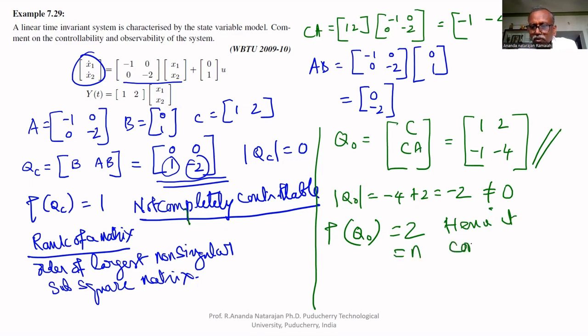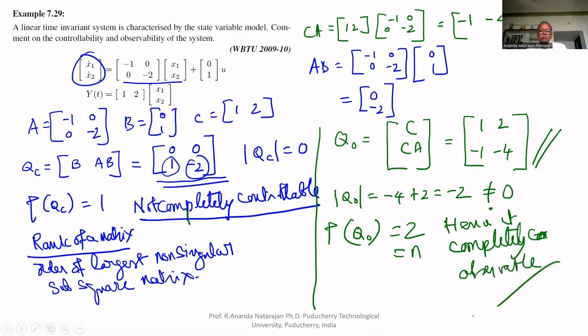Hence, it is completely observable. The rank of Q naught equals 2 equals n. Therefore, it is completely observable.